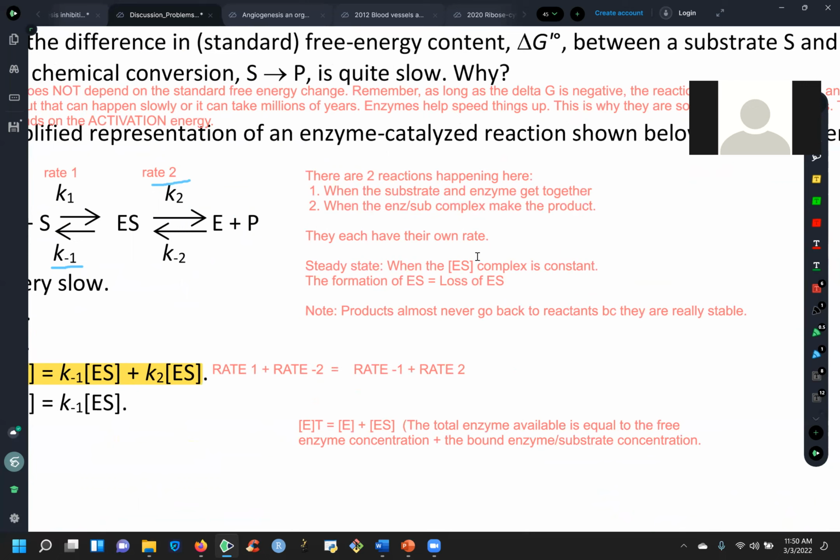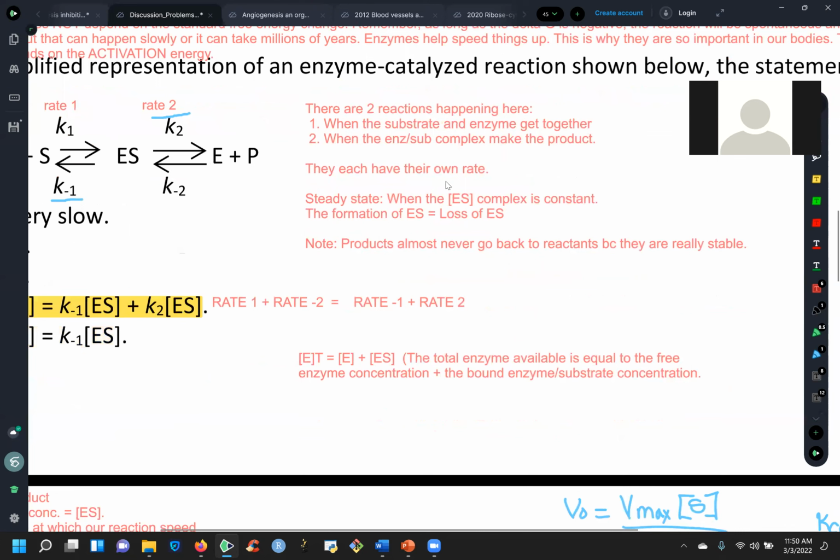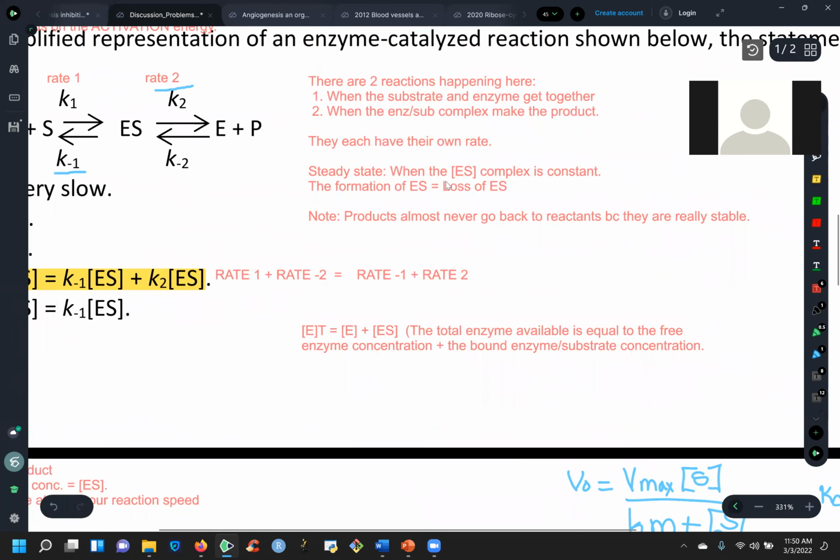Okay, so they each have their own rate and the definition of steady state, because this question is asking you about steady state. When the enzyme substrate complex is constant, the formation of enzyme substrate is equal to the loss of enzyme substrate. So when you're talking about steady state, this guy right here is the star of the show.